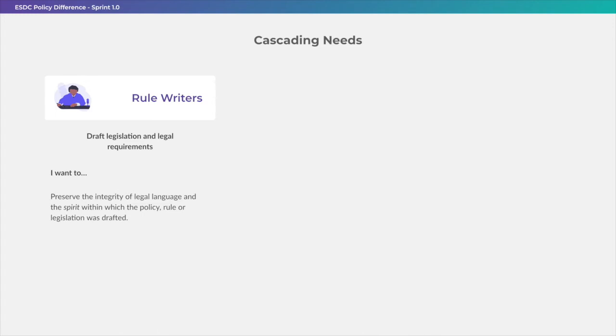This brings me to the concept of cascading needs. So the same policy, the same rules, the same functions, the same problems can cascade down a list of personas and serve very different functions for each one. So for example, if I'm the rule writer, I want to draft legislation and legal requirements, and my primary interest is in preserving the integrity of legal language and the spirit within which the law was drafted.